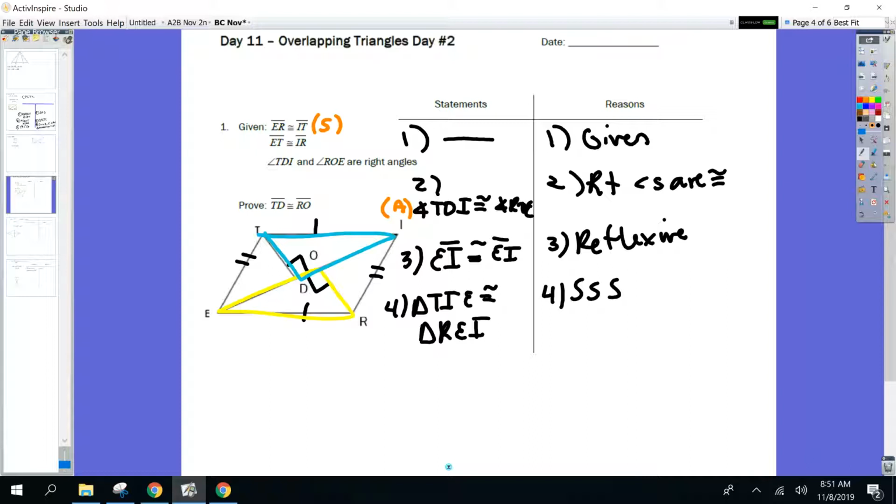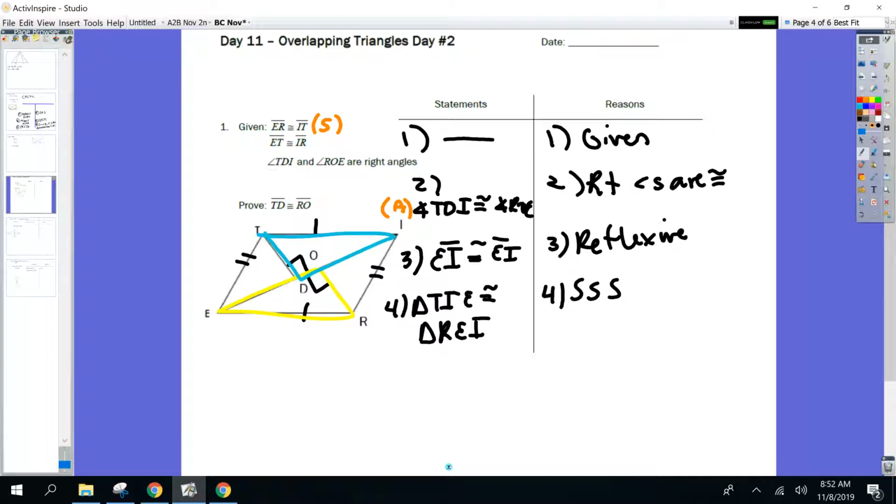And I understand some of you are now thinking, why are you doing this? We had to prove those other ones, the blue and the yellow one, congruent. Why are you going on to a different pair? Here is why. Now that I have these two triangles congruent, aren't any corresponding angles or sides in these triangles now congruent? Here's the clincher. Here's where we put everything together.